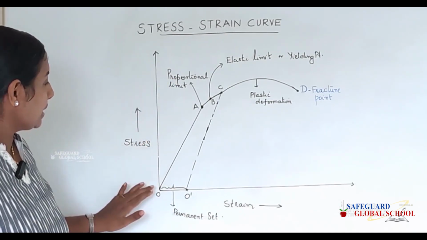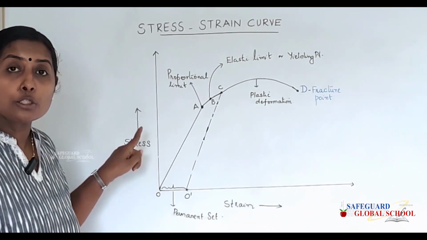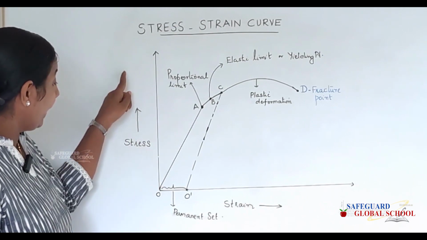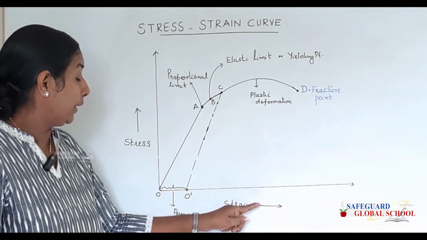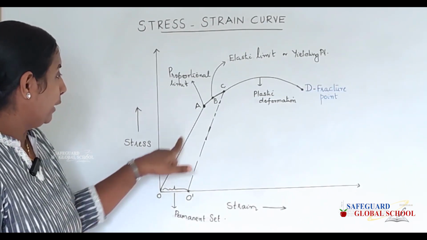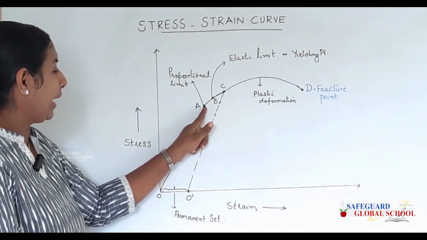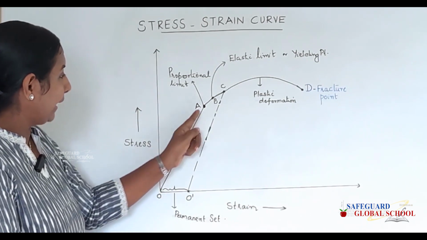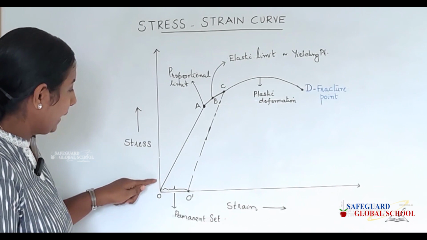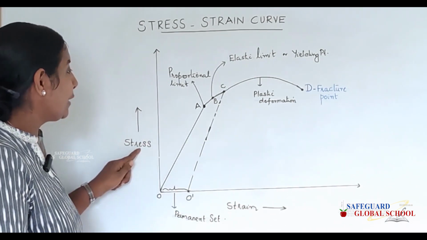So this is the stress-strain curve of a loaded material where stress is plotted on the y-axis and strain is plotted on the x-axis. Now, we will study the region OA. What do you see in this region? It's a straight line. So, if it's a straight line, what does it mean? When we increase the stress, the strain is proportional to stress.